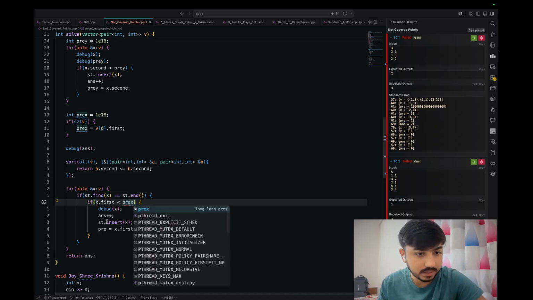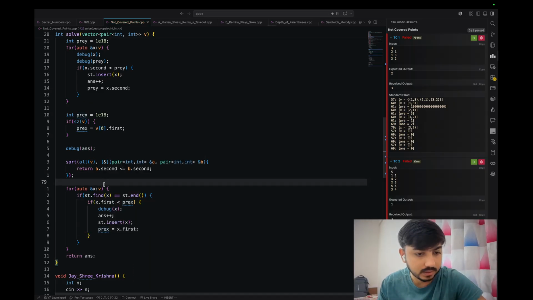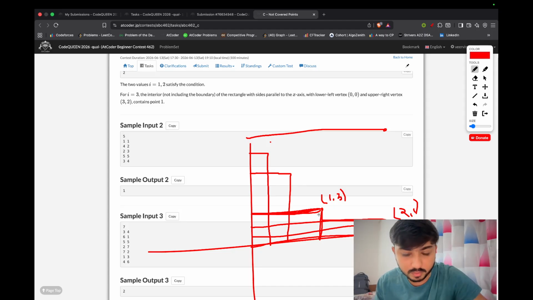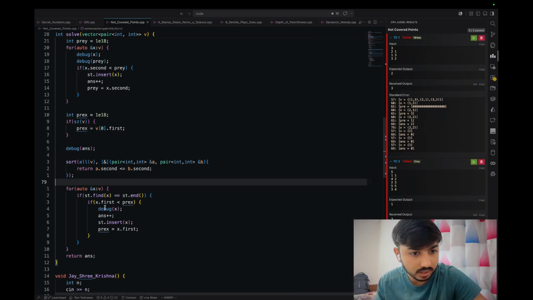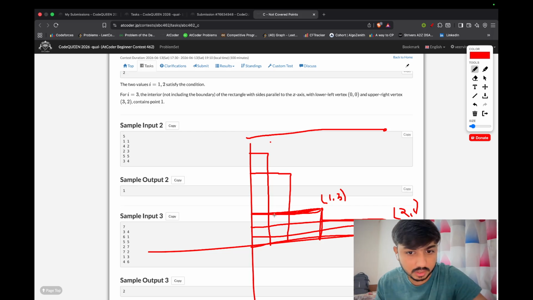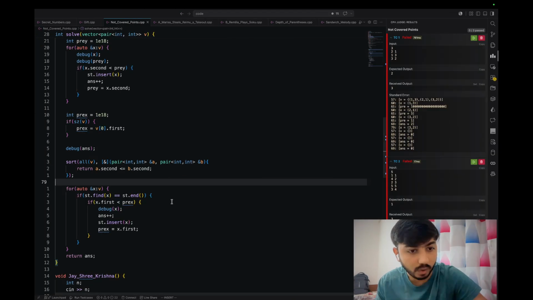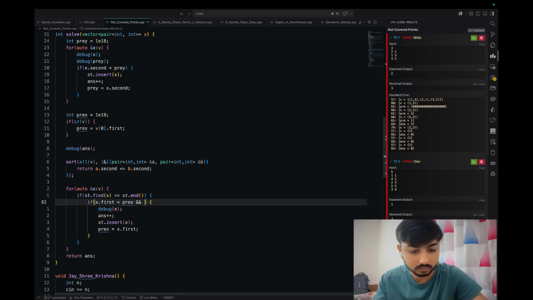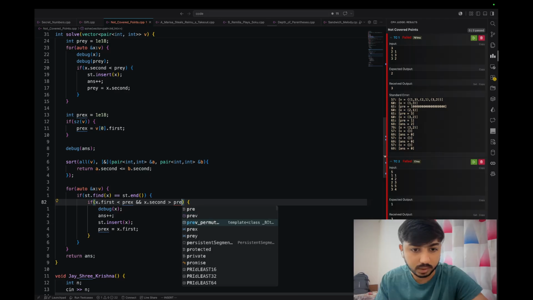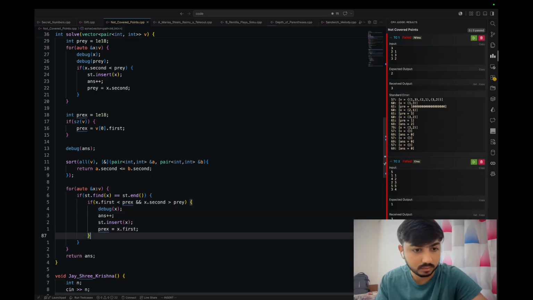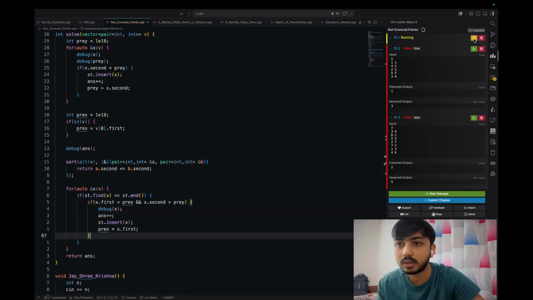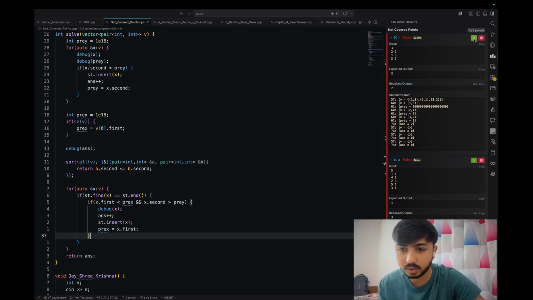It should be x, x. Okay. So everything should be less than previous x and greater than previous y. Previous y. This seems logical to me. Okay.